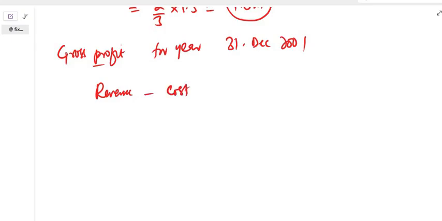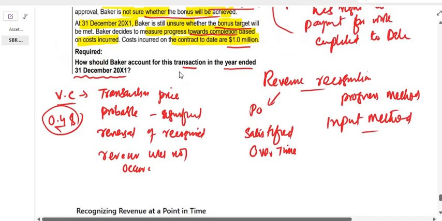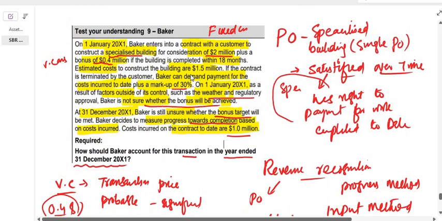Your gross profit for the year ended 31st December 2001 is revenue less cost. About revenue, you see here that it is cost incurred to date plus 30%.